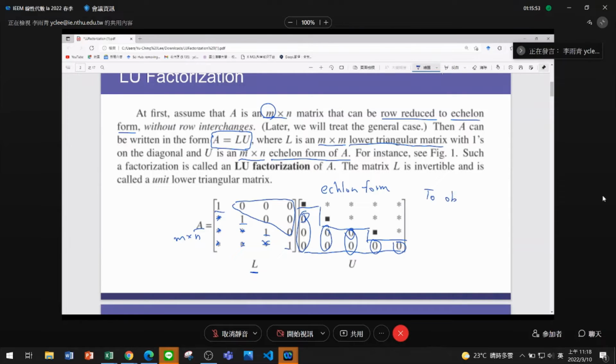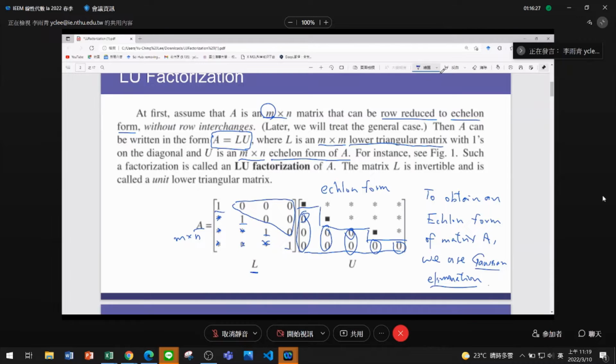To obtain an echelon form of matrix A, we use Gaussian elimination. So Gaussian elimination is exactly the method we apply to obtain an echelon form of matrix A.